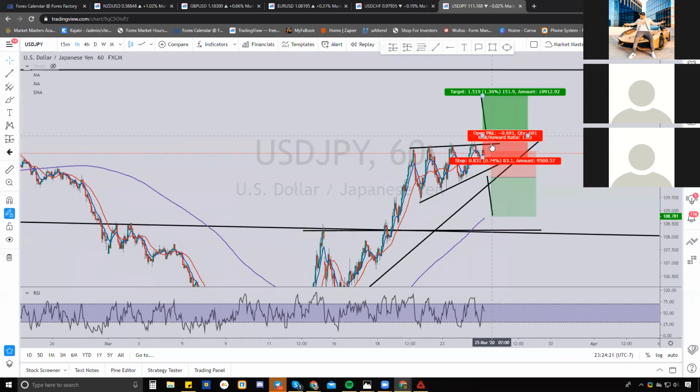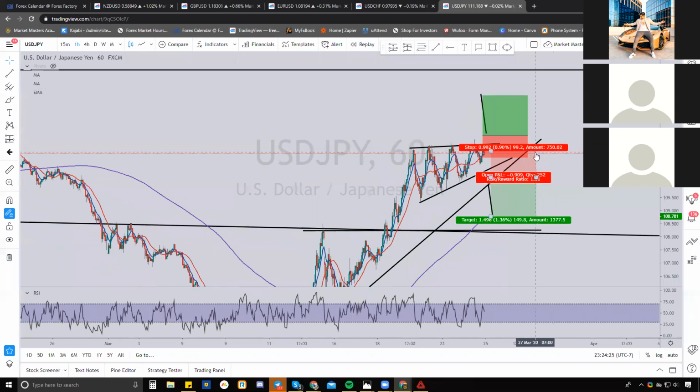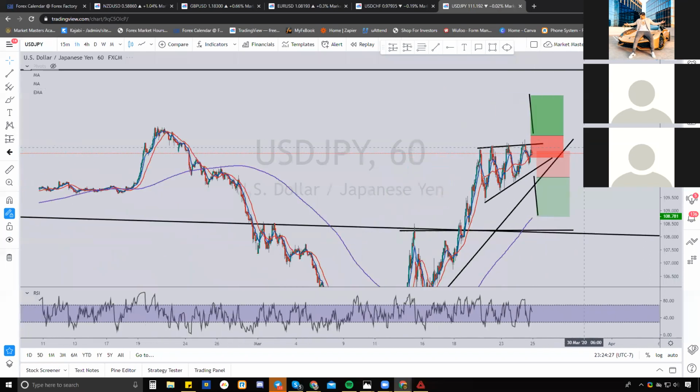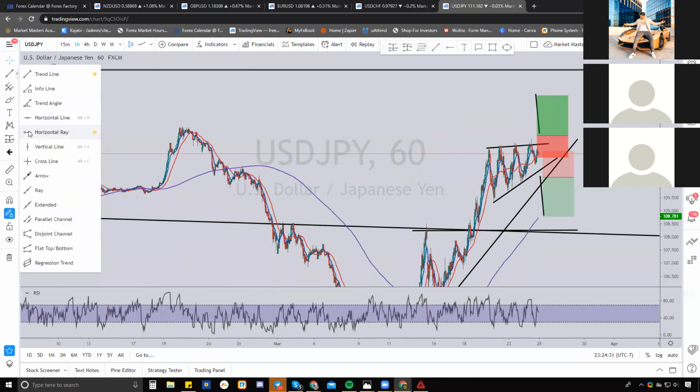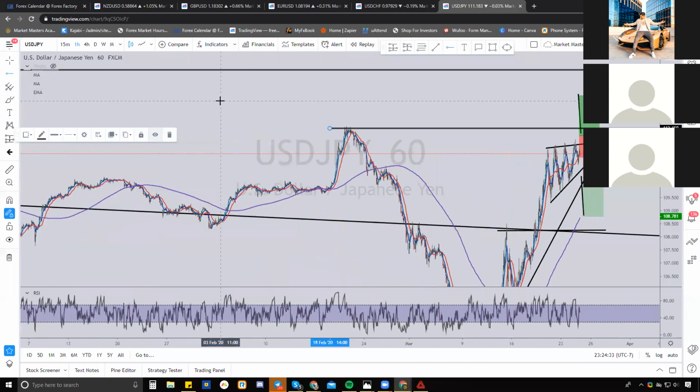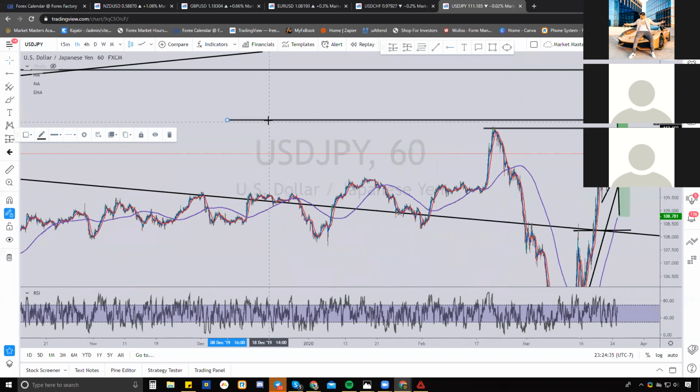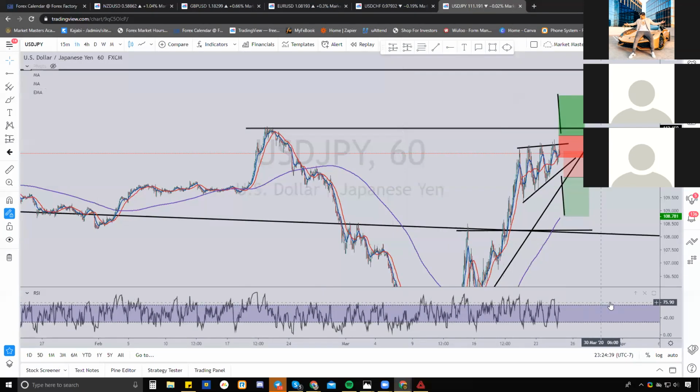Stop loss could be also the same. This one's a little bit higher. Now there's also a strong resistance up here, so keep an eye out for that.